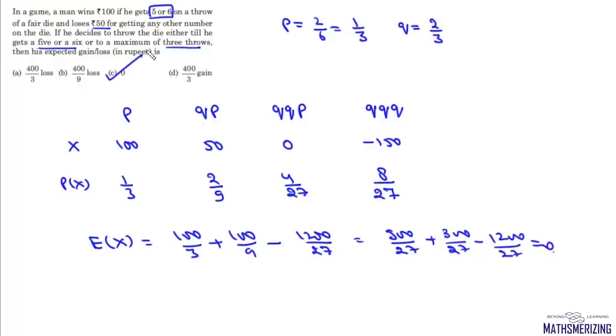No gain, no loss. Now here the question is, in a game of chance, each player throws 2 unbiased dice and scores the difference between the larger and smaller number which arise. 2 players compete and one or the other wins if and only if he scores at least 4 more than his opponent. Find the probability that neither player wins.